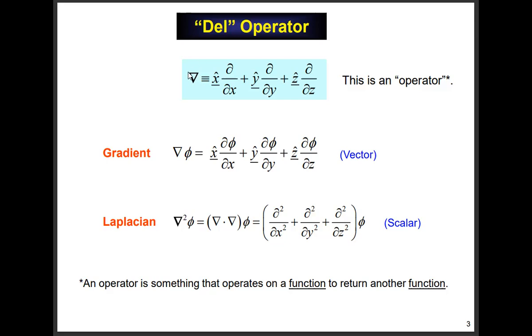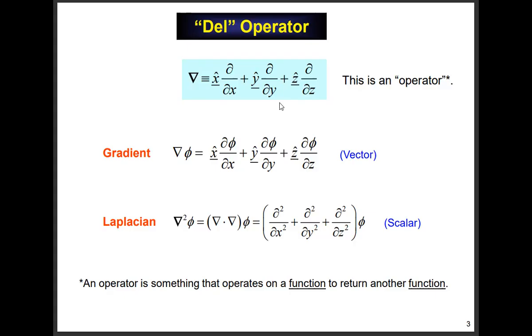Now, the del is like a 3-dimensional version of that. It's got partial derivatives and then the unit vectors here. So it's a vector operator, as we call it. The rule is when you apply del onto a function, and because it's a vector operator, there are different ways you can apply it to a function. You can put it right on a function, you can dot it with something, you can cross it with something, if that something's a vector.